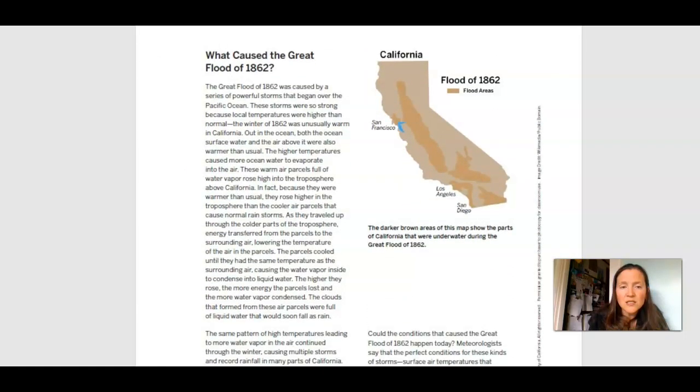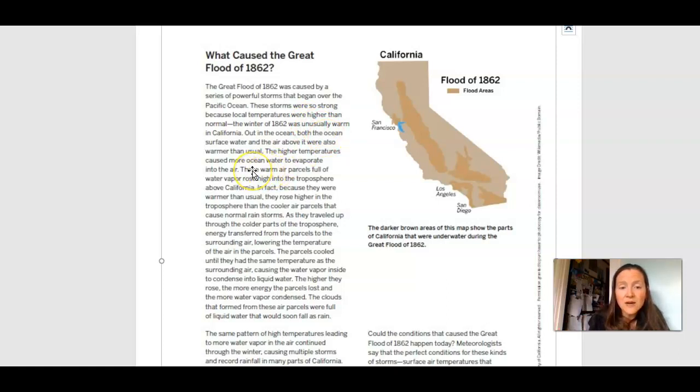I'm going to look in this paragraph, what caused the flood. I see that right in this area here, there's some new information. These storms were so strong, ta-da, right here, because the local temperatures were higher than normal. Okay, so temperature, right? This chapter's about temperature.